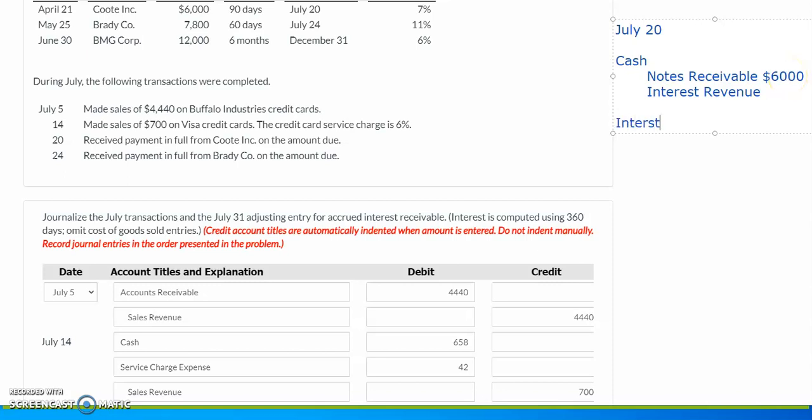So our interest will be computed by taking 6,000 times the interest percentage of 0.07 times 90 over 360 days. And you'll remember that for our interest calculation, we're going to use 360 days rather than 365 days because of the bank holidays.